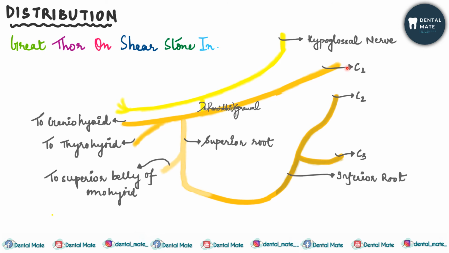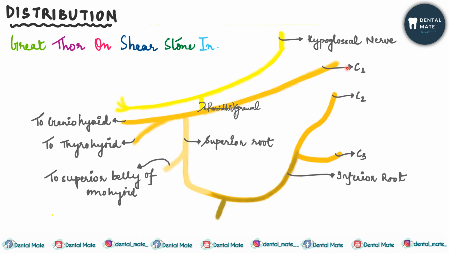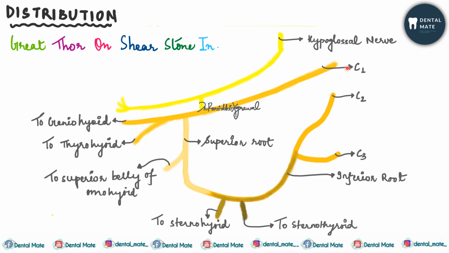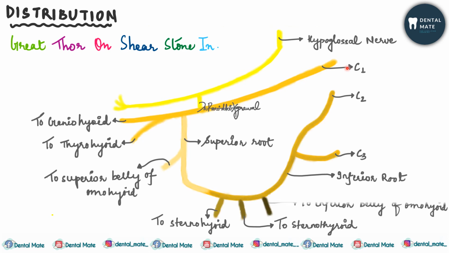Next, if we talk about the inferior root, it is giving a branch to the sternohyoid, then a branch to sternothyroid, Sheer Stone. Along with that, a branch to the inferior belly of the omohyoid.